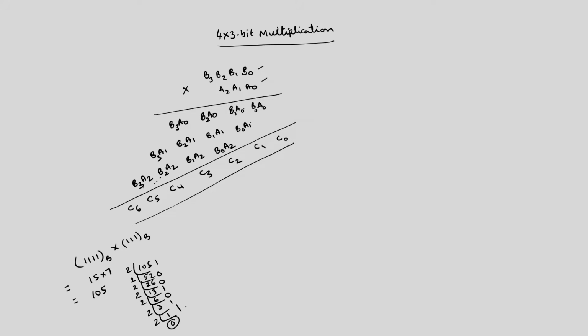Till this is 0, you have to continue. The value of 105 in binary, you have to read from bottom to top, will be 1101001 in binary. So, how many bits are there? 1, 2, 3, 4, 5, 6, 7, 7 bits. So, 7 bits are required.